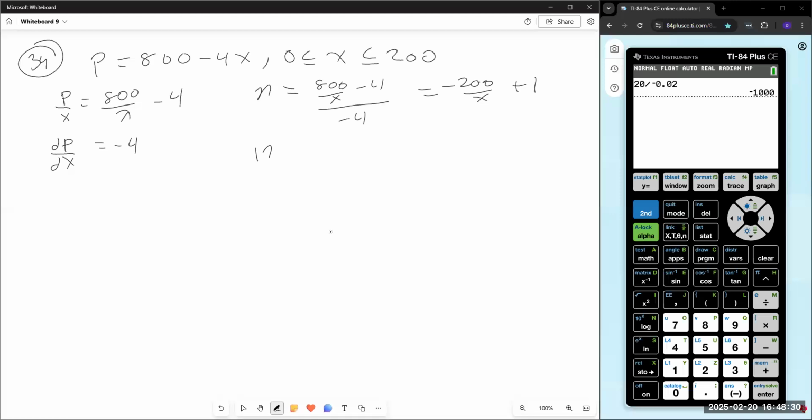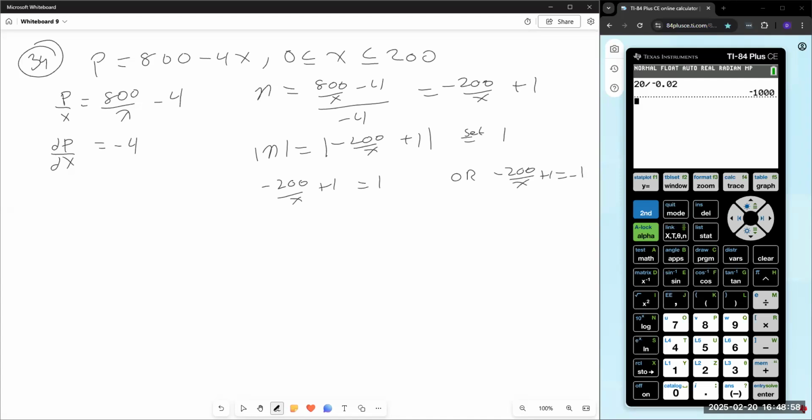Absolute value of eta is the absolute value of -200 over x plus 1. And I want to set that equal to 1 to find out where it is unit elastic. It's -200 over x plus 1 is equal to 1, or -200 over x plus 1 is equal to -1.